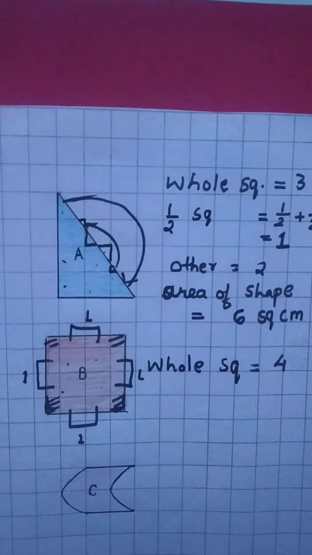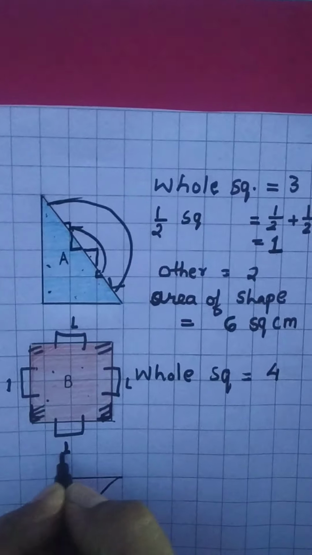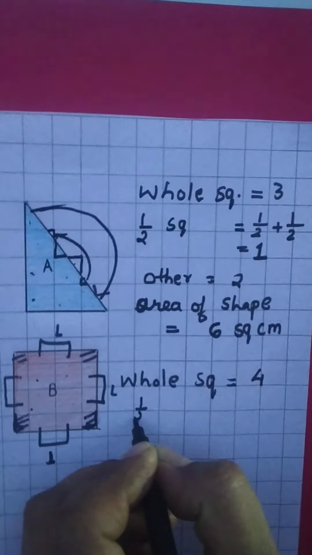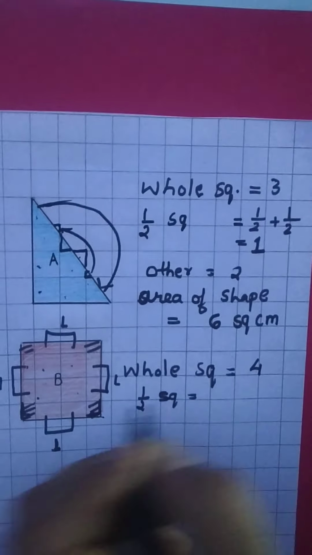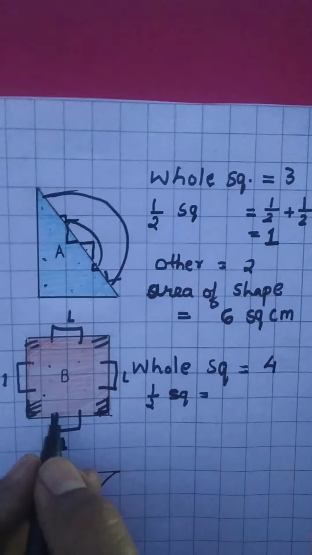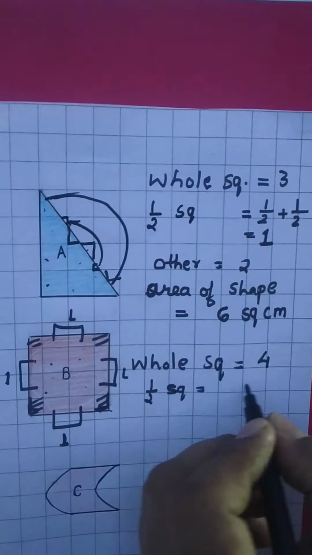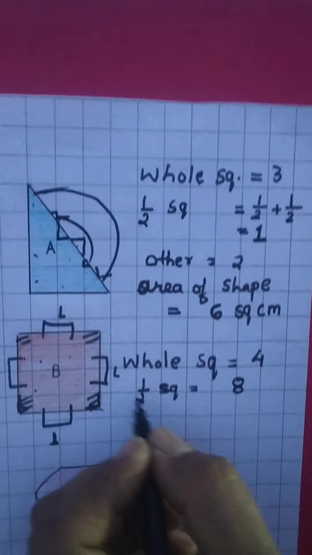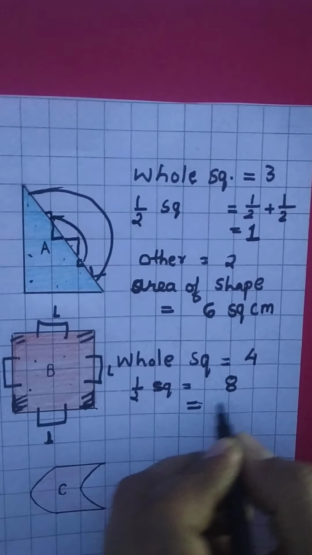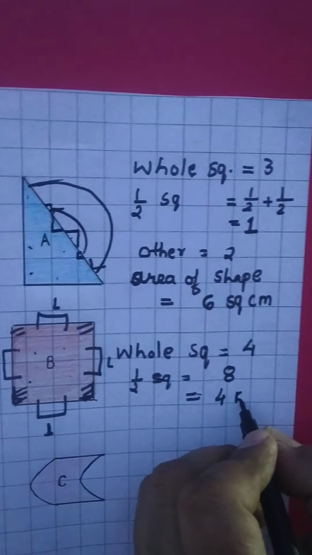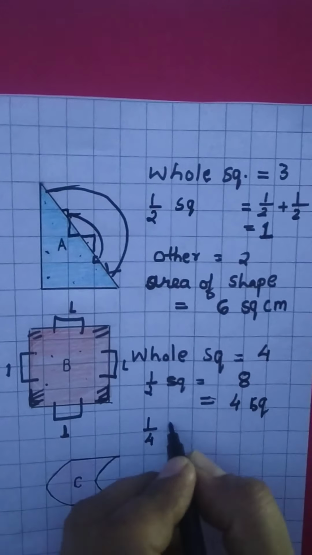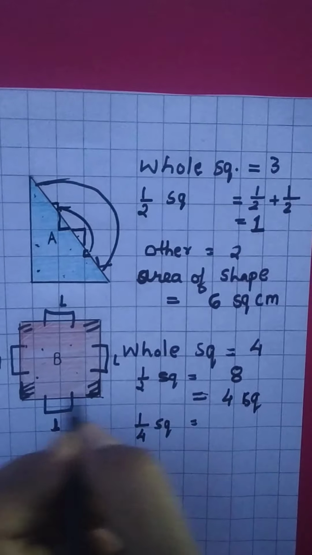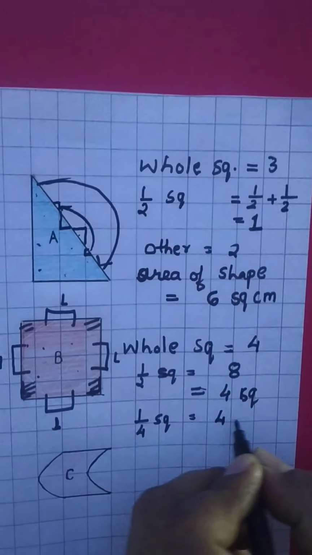We will get a whole part. So it will make 1. So how many halves? Half squares equals 1, 2, 3, 4, 5, 6, 7, 8. 8 half squares. It means 4 whole squares total. And how many 1/4 squares? 1, 2, 3, 4. 4 quarters.